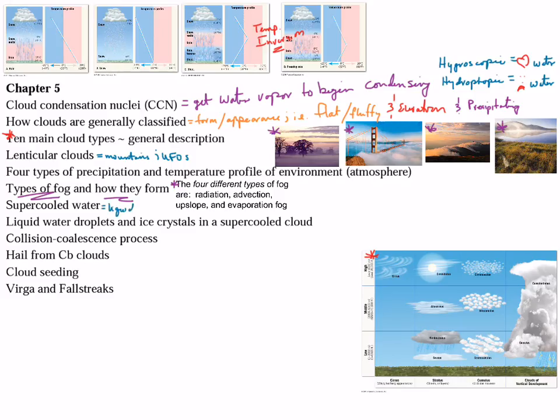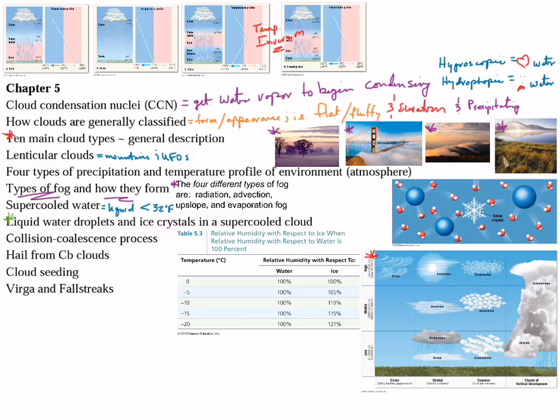Supercooled water is when water is a liquid at cooler than 32 degrees Fahrenheit. These two columns show that if you have water vapor in the vicinity of supercooled water and ice, the water vapor is going to build the ice crystal, because the ice crystal is what we call supersaturated with that water vapor.